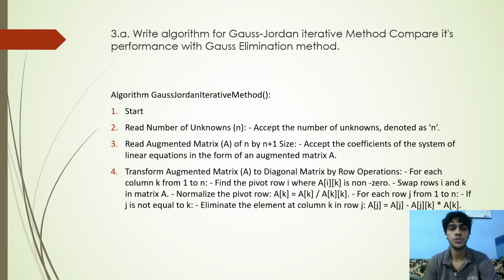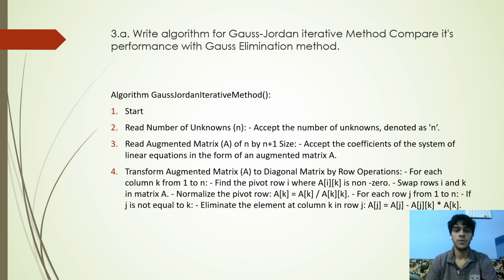Next question: write an algorithm for the Gauss-Jordan method and compare its performance with the Gauss elimination method. The algorithm for the Gauss-Jordan method starts with start. Read the number of unknowns. Read the augmented matrix of size n by n+1. Transform the augmented matrix to a diagonal matrix by row operations.